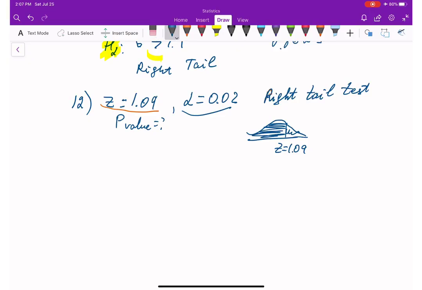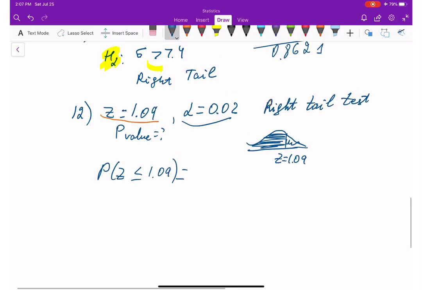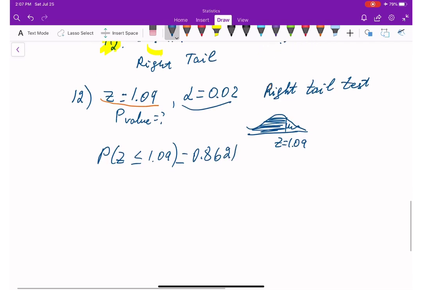So the probability for z-score less than or equal to 1.09 is equal to 0.8621. Now that's to the left, but the thing is we have a tail to the right.